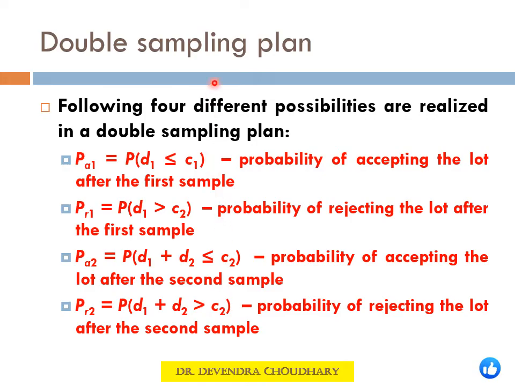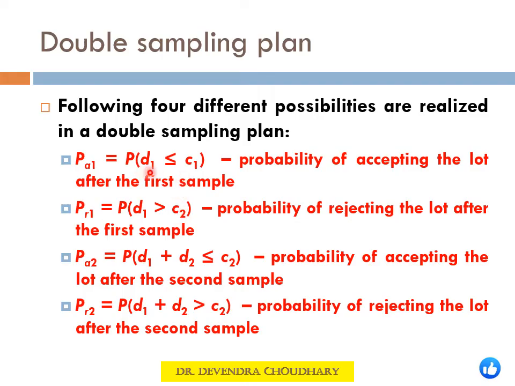Now in double sampling plan, four different possibilities arise. The first is that the lot may be accepted after inspection of the first sample, or the lot may be rejected after the first sample.